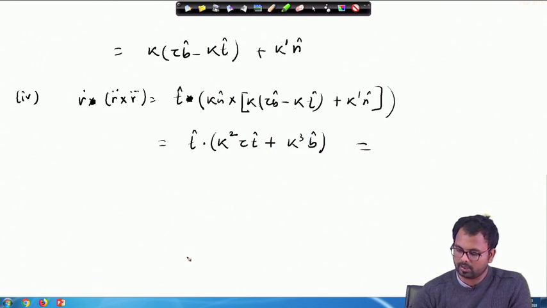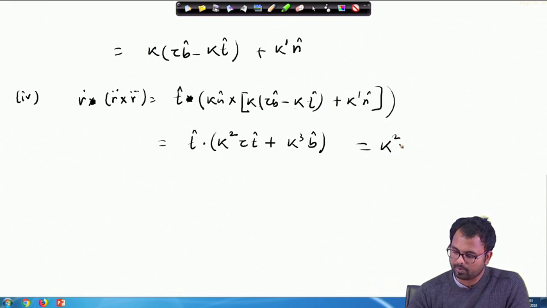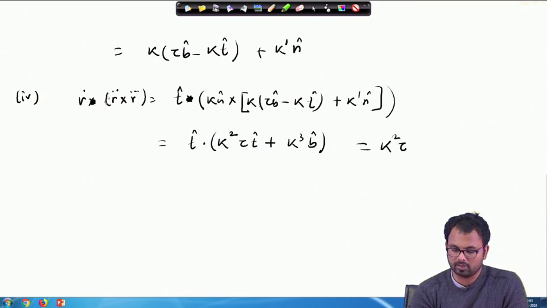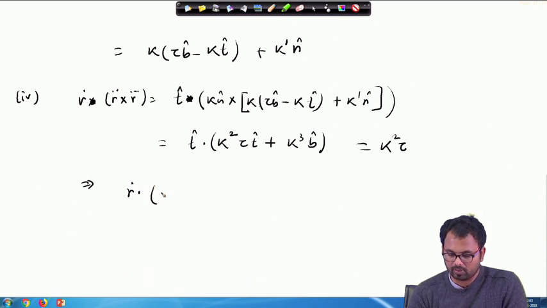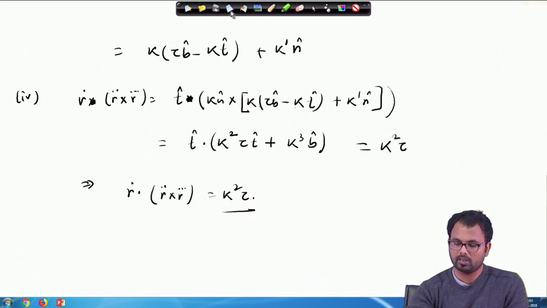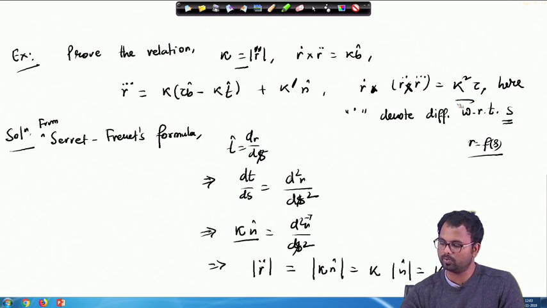Here t dot t is 1, so this is kappa squared tau, and t dot b is 0 because they are mutually perpendicular. So, the other term is 0. We had to prove r dot, r double dot, r triple dot equals kappa squared tau, and this is what we needed to prove.